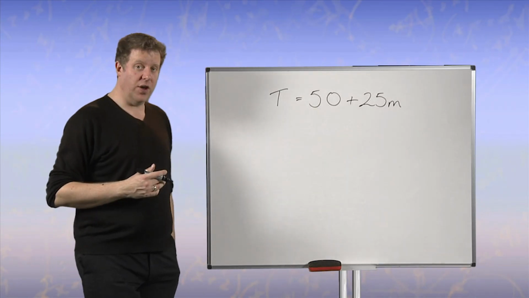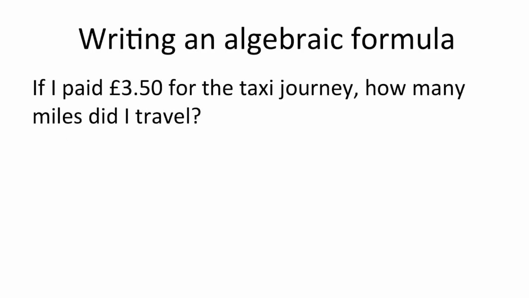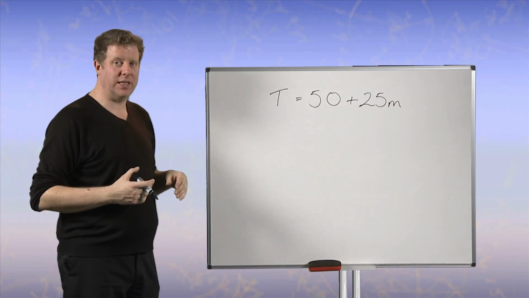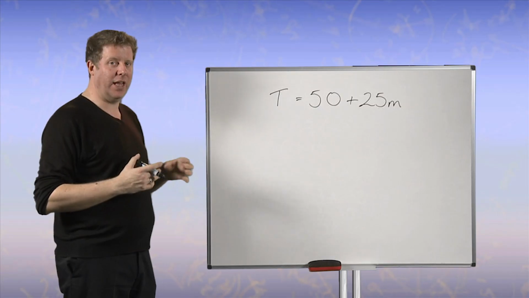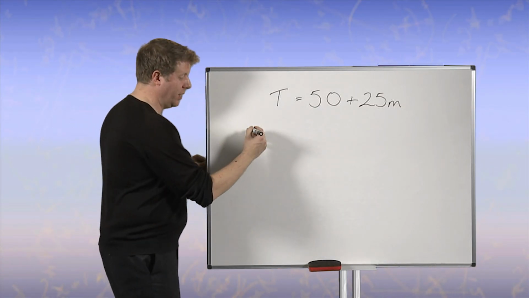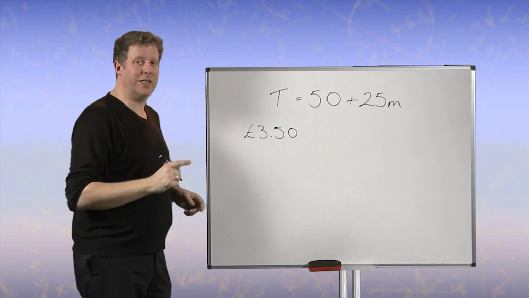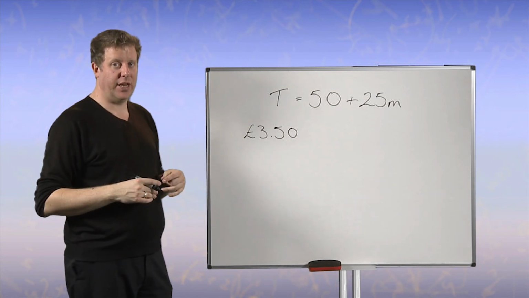Now, if they asked us a further question on this, which we see up here, they say if I paid £3.50 for the taxi journey, how many miles did I travel? Well, let's think about what this represents. So £3.50 in total. Now, the first thing we have to remember is that you always pay 50 pence for any journey.